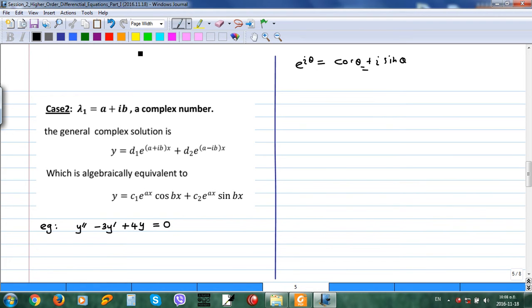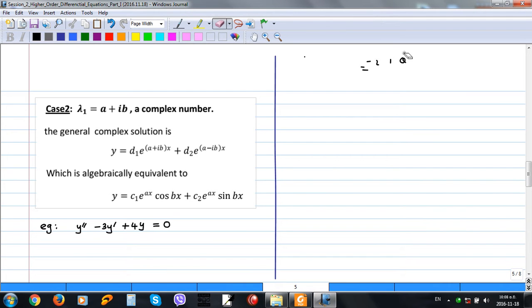So by using this one, which is algebraically equivalent, y equals c1 e to the power ax cos bx plus c2 e to the power ax sin bx. That is, if you substitute here, you can take this equation.